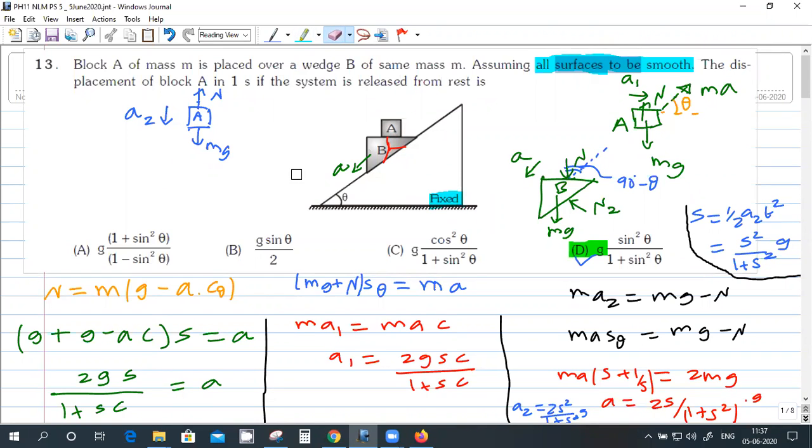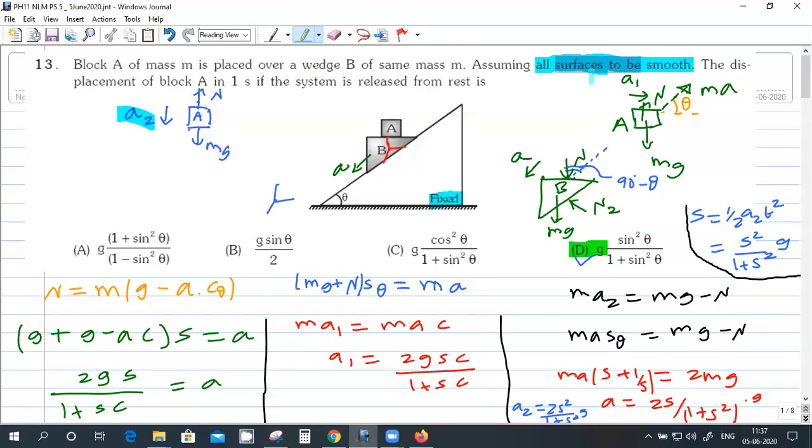One way to solve the problem is to use a frame fixed to the ground. You can take a frame here and solve this problem. With respect to this frame, let the acceleration of B be a, and let the acceleration of A be a2.